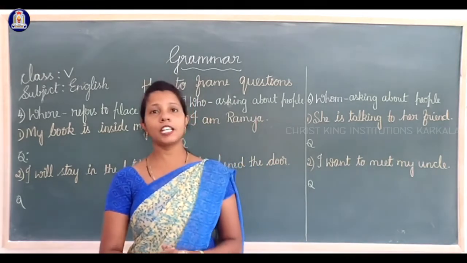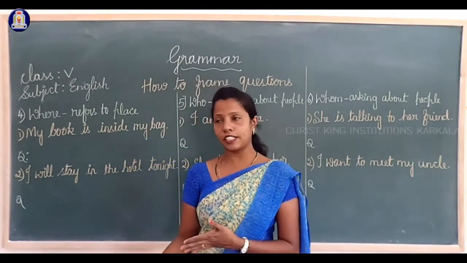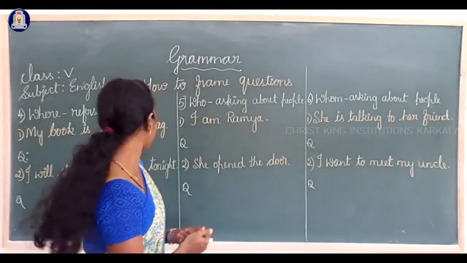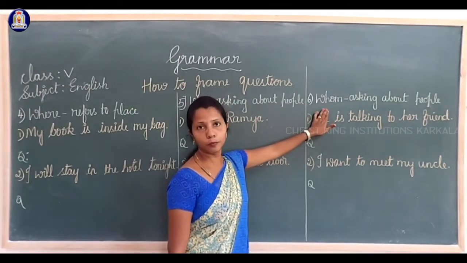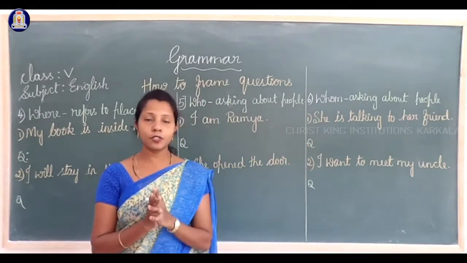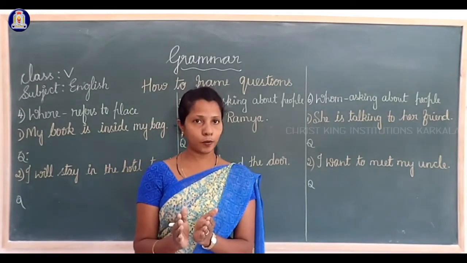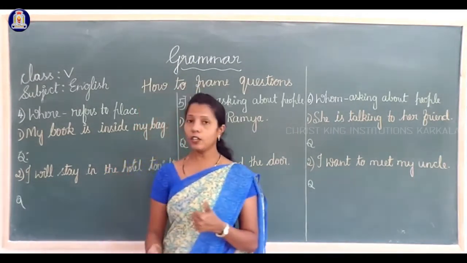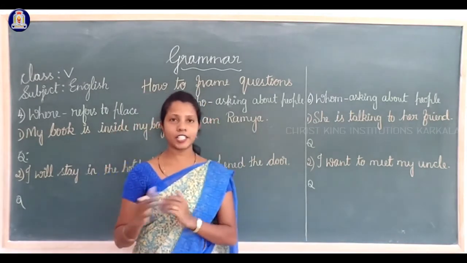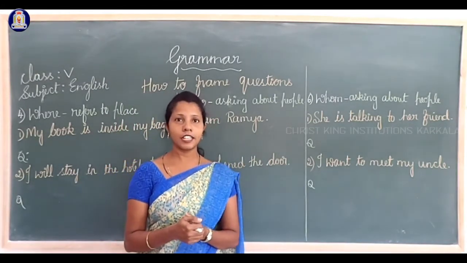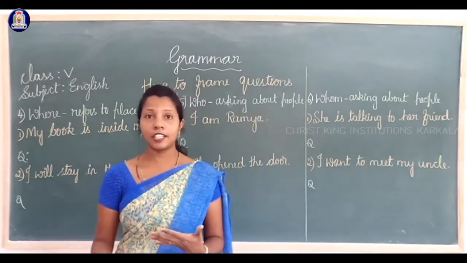And today we shall begin with the other three WH questions, that is where, who and whom. So how to use these WH questions in a question form, right? Many times we require this.